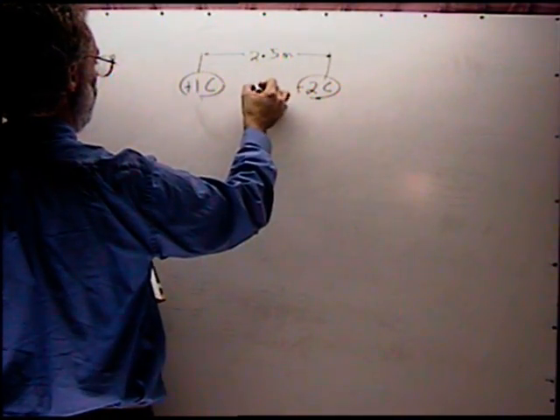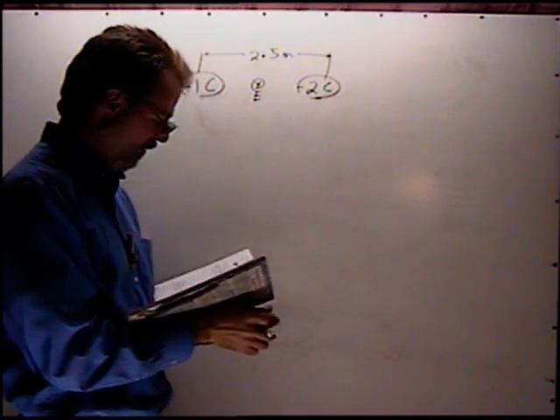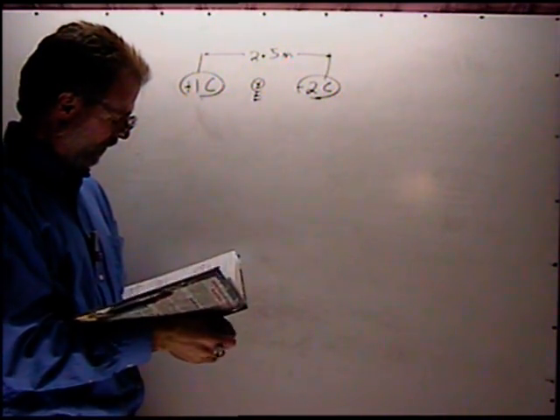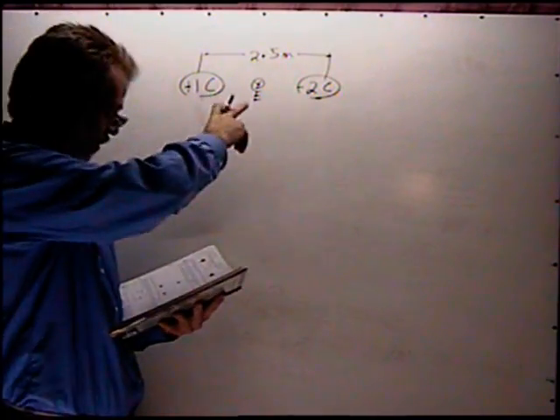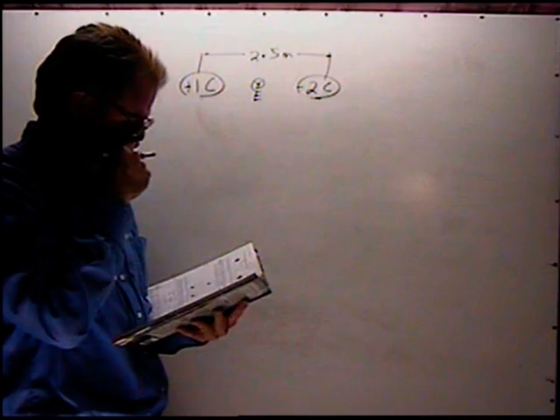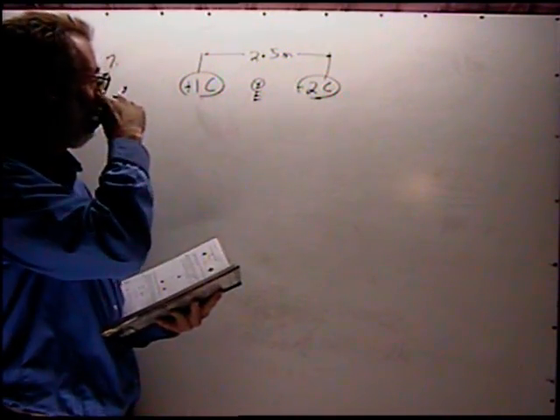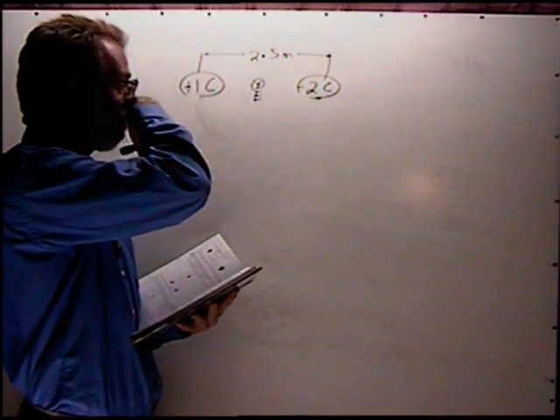And it says calculate the electric field right in the middle. What is the electric field, calculate the electric field at this point that's right in the middle. Okay, right in the middle, right here.